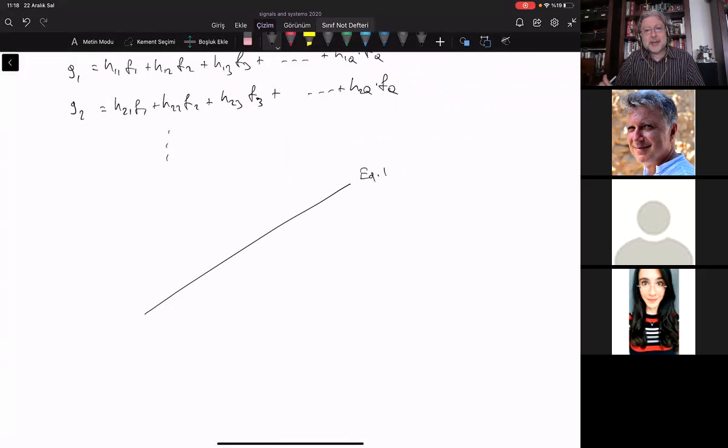But it's actually a line in the Q-dimensional space. And G2 will give you another line, equation 2, again in the Q-dimensional space, but they intersect.